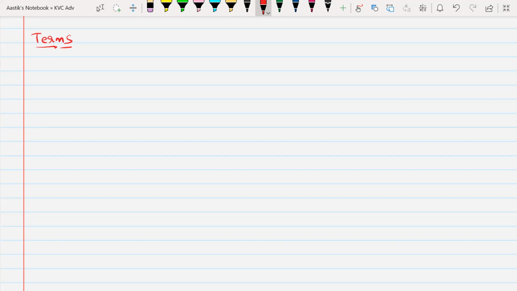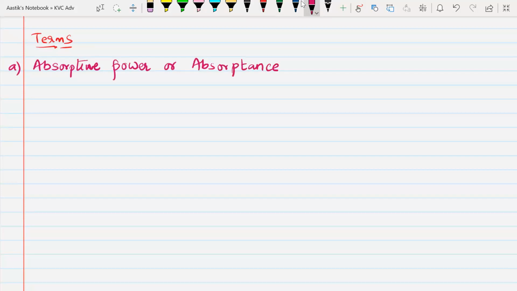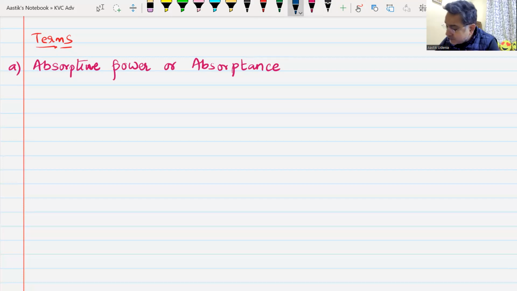The first term that we are going to see here is known as absorptive power, or some people may call it absorptance. What do you mean by absorptive power or absorptance? It is written by the small letter a. It is Q_A divided by Q. Now, what is Q_A and what is Q?